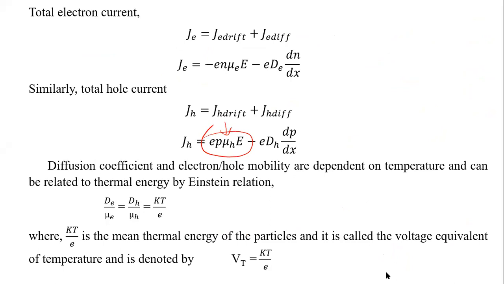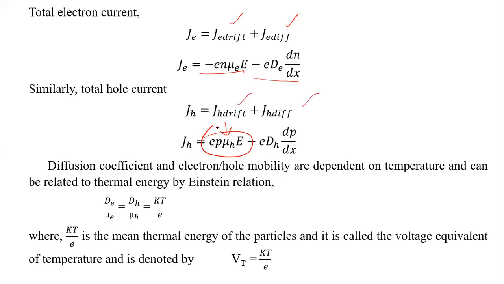And now, considering the two types of current that are possible across the p-n junction, one due to diffusion and another due to drifting under the action of an electric field, the drift current, as we have just expressed, is written like this. The diffusion current can also be expressed like this. Similarly, the total hole current will consist of drift current as well as diffusion current.